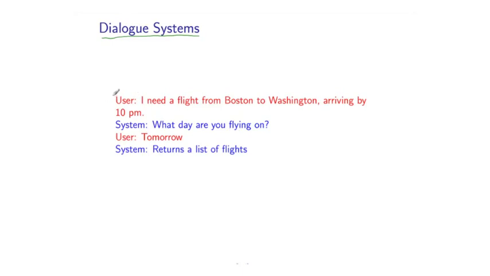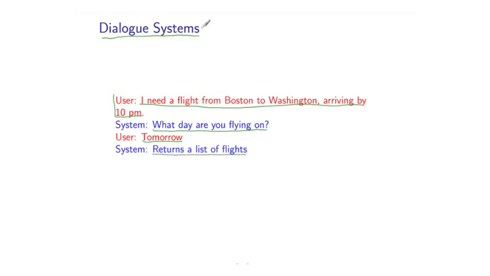The user might come with some query to the system, and the system then goes and processes this query. In some sense, it understands that query. In this particular case, it realizes that there's a piece of missing information, namely the day of the flight. And so the system then responds with a query: what day are you flying on? The user provides this information, and the system returns a list of flights.